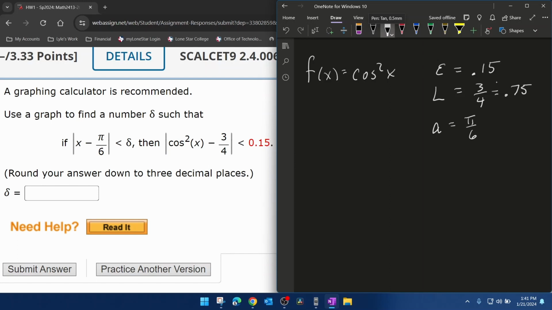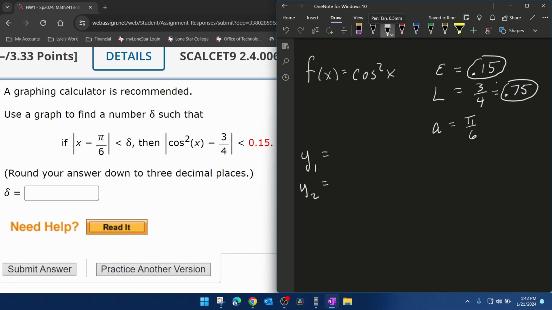And so here's what I know. I know that I want to be within 0.15 units of L. So I'm going to figure out my y min and max. I'm going to call it y1 and y2. These will be the y values that we can get away from L and be within epsilon.